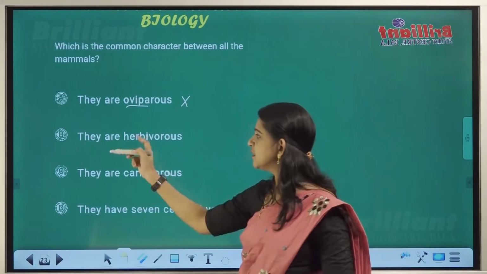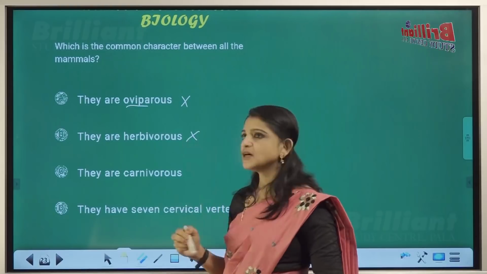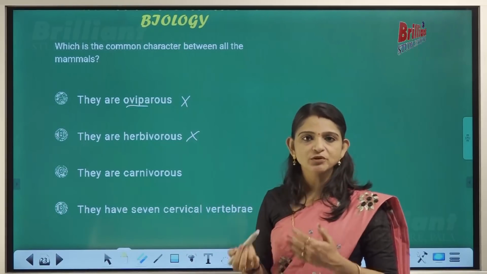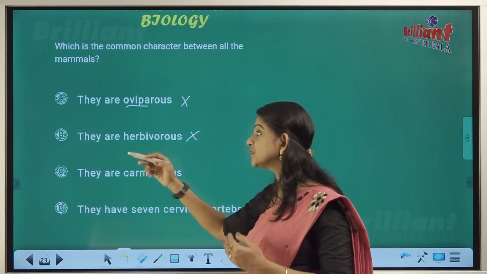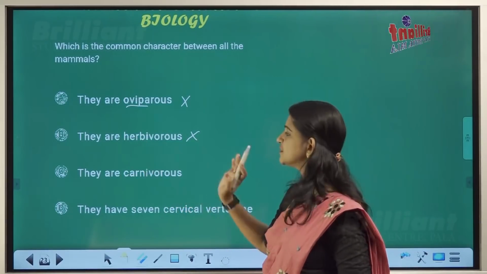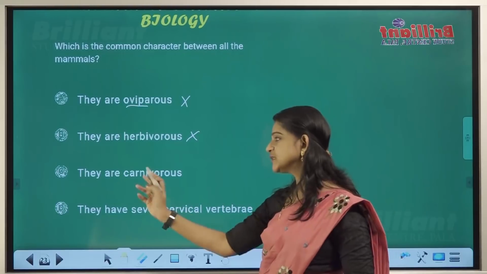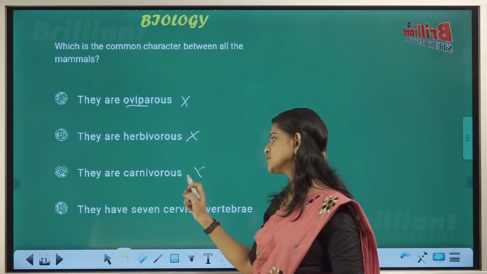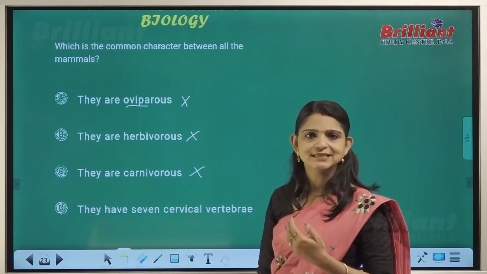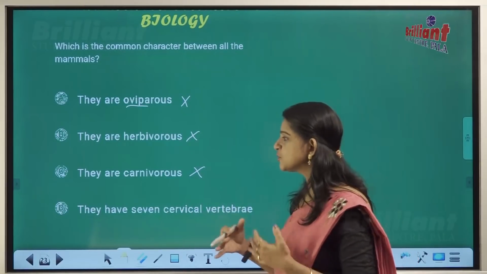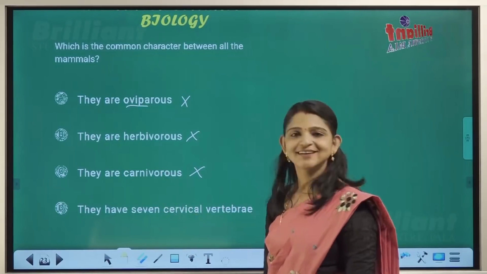Next one, they are herbivorous. Herbivores, carnivores and omnivores are all there. So again, we cannot say that all mammals are herbivores. Next one, they are carnivores. That is also not correct. I told you that herbivores, carnivores, omnivores, etc. are there in mammals.